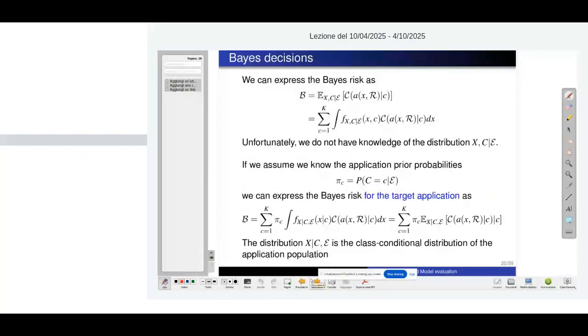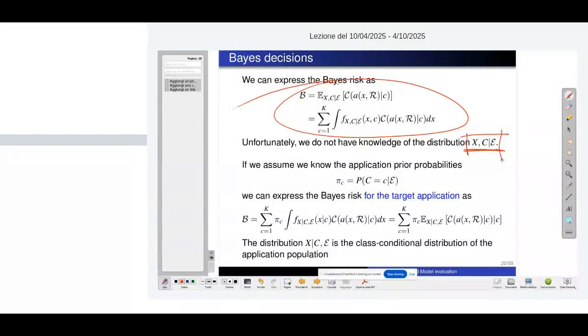Now, the problem is we need to compute this Bayes risk, which has a big problem. We don't know this distribution because typically we don't know the application data distribution. The application data is data that we have never observed. We may have models for that that we made during training, but those are not the evaluation population distribution.